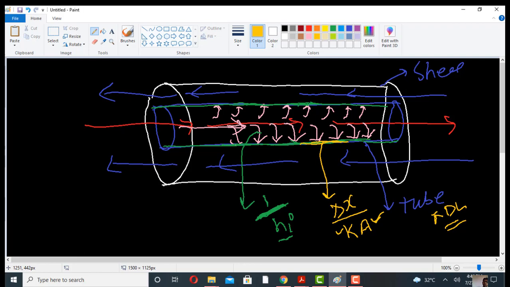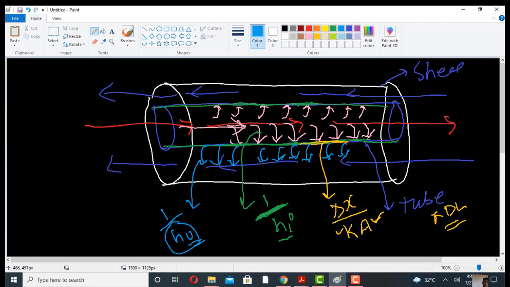Similarly, the cold fluid is flowing in the shell side, so the cold fluid will also provide resistance to the heat transfer, denoted by 1 divided by Ho, where o is for the outside heat transfer coefficient.